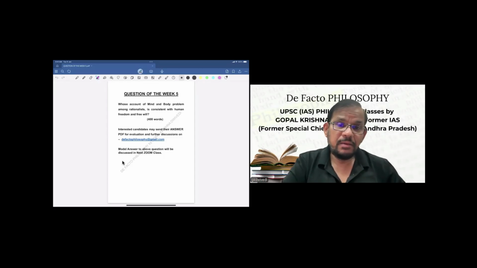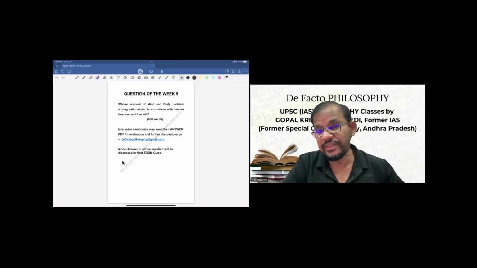If any interested candidate is there, he can send the answer in PDF form to the mail ID given. We will evaluate and communicate back to him what the deficiencies in the answer are so that he can further improve. A model answer to this question will be discussed in next week's Zoom class.